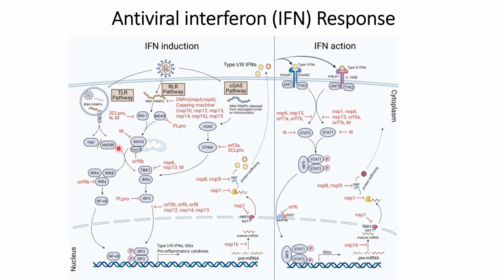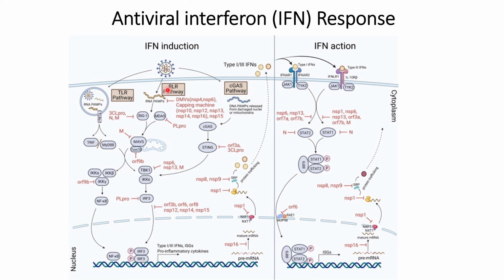Only slight changes occur if the viruses enter the cells through the RLR pathways. In the RLR pathway, the RNAs of the virus directly enter the cells, whereas in the case of toll-like receptors, the whole virus enters the cells and thereafter lysis of the outer membrane occurs.